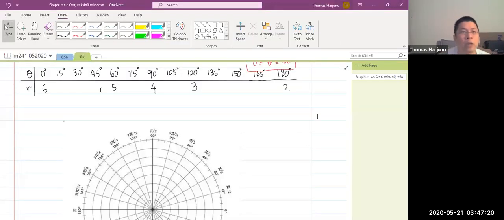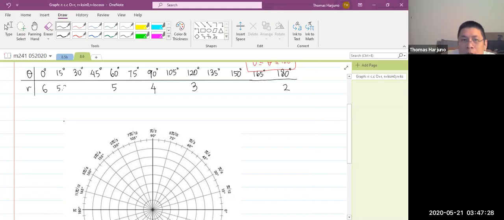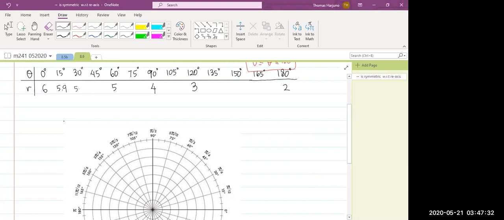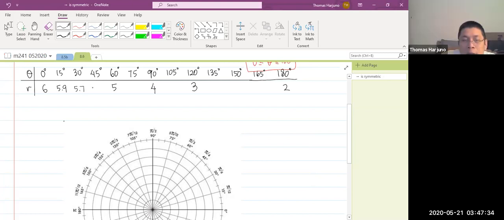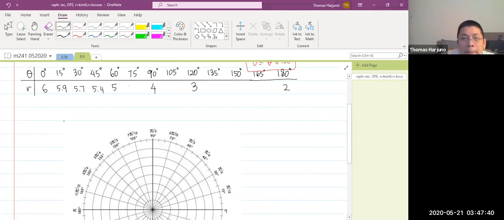Okay, let's start. What happened at 15 degrees? 5.9. At 30 degrees, 5.7. At 45 degrees, 5.4. At 75 degrees, 4.5.